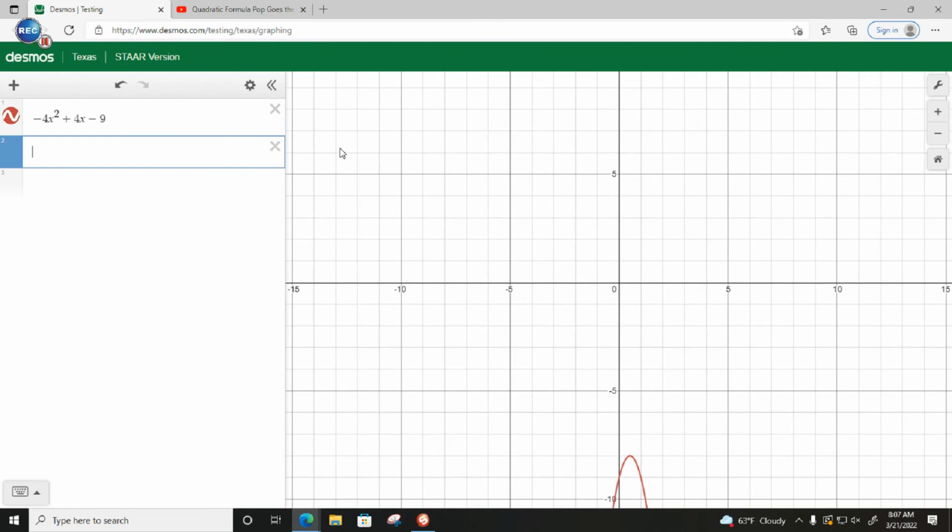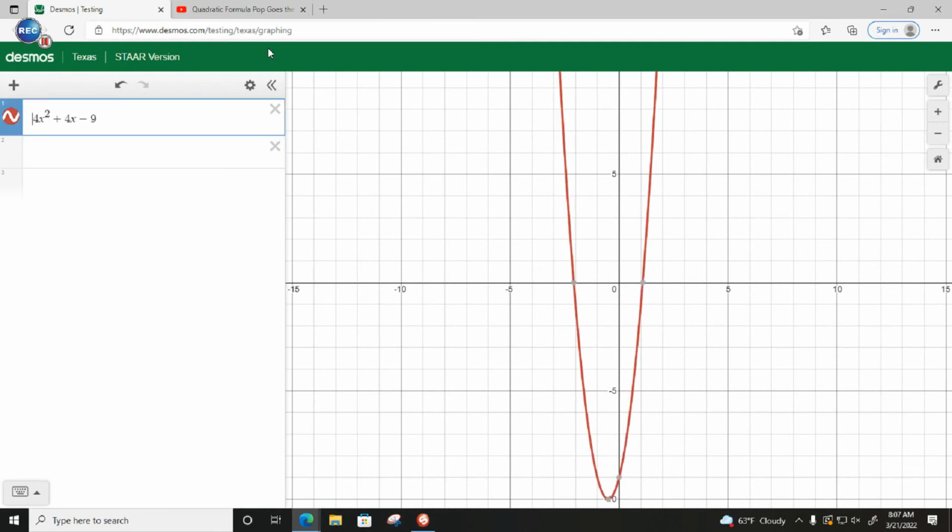There we go. Do I have my 2 decimal points? Let's write those numbers down. So it's negative 2.081 and 1.081. Okay, those are my 2 decimals.